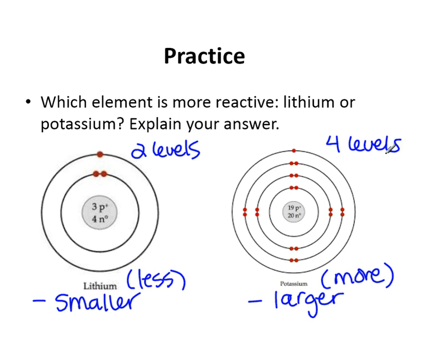When we talk about reactivity for metals, the electron that's going to react is the one that's the furthest away, and that's on the outside. So they both have 1 in their last orbit in their Bohr-Rutherford diagram. So that's the reactive electron.